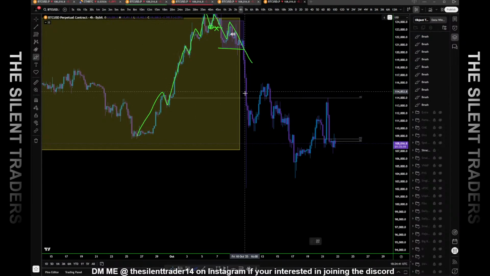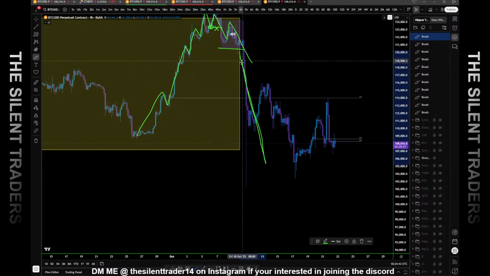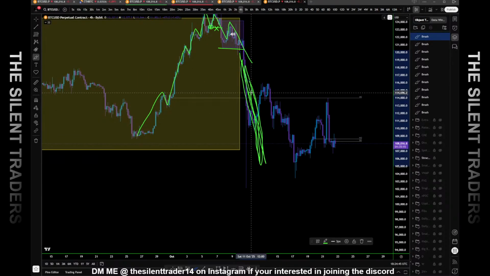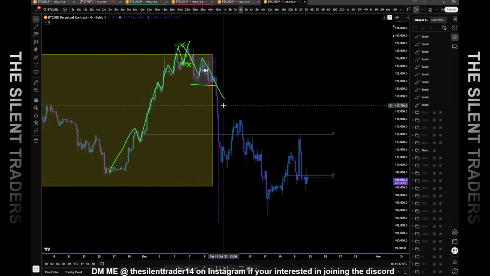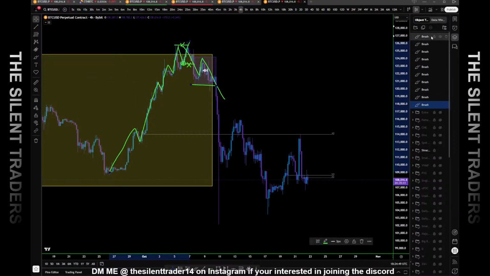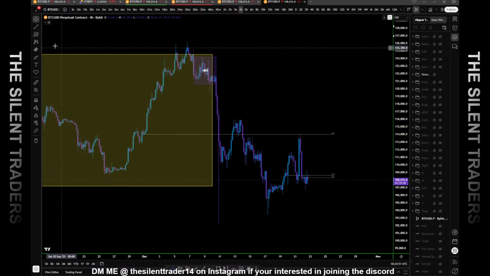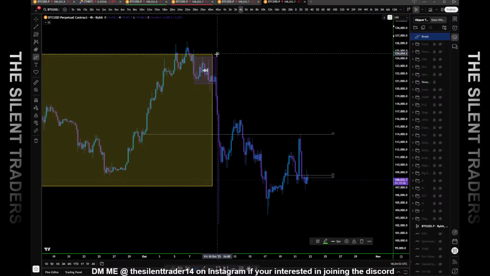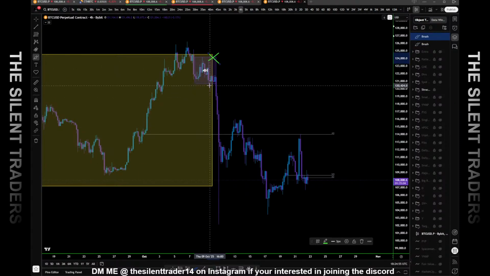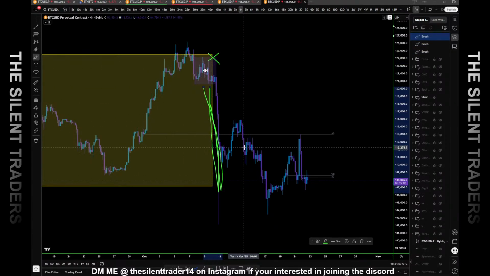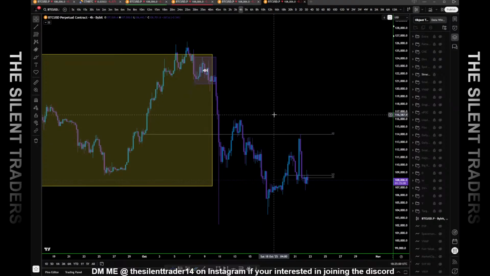You can see there is no market structure left in this big drop here. So to even change 4-hour market structure, you have to pretty well go all the way back up here. And this is where, if you don't have any market structure for a long time, all we can do is listen to internal market structure.